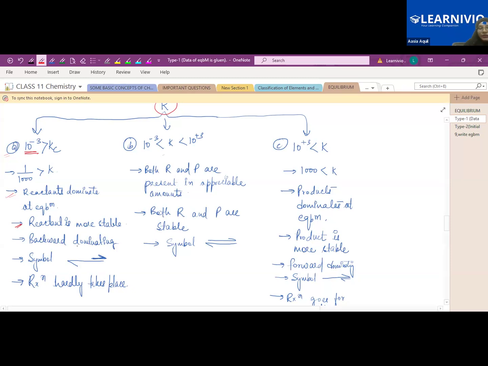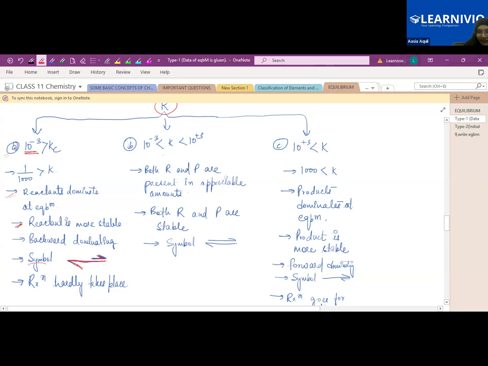And how will you show the direction? You will show it like this. For the backward shift, you will draw a large arrow for the backward direction and a small arrow for the forward direction, just like this. This symbol shows that the backward reaction dominates over the forward reaction.